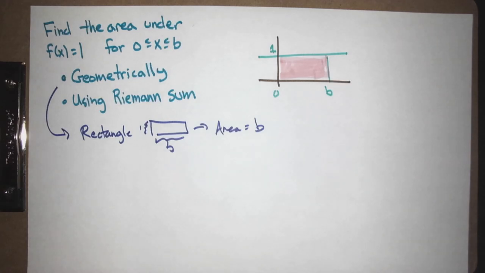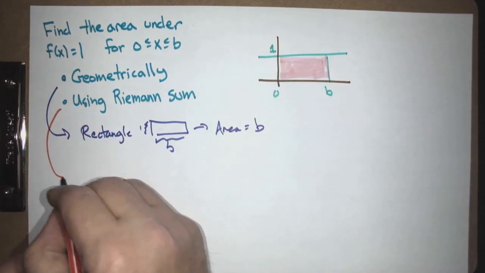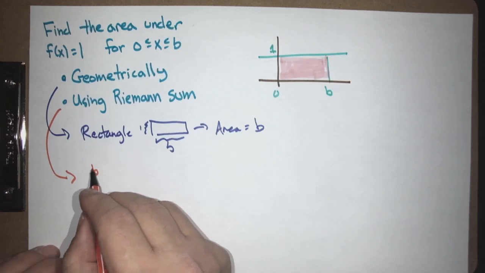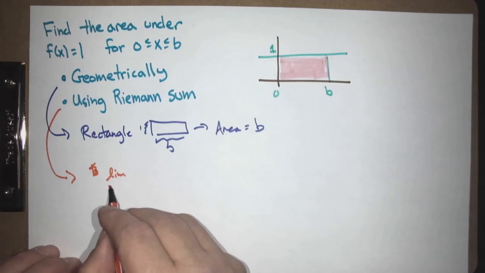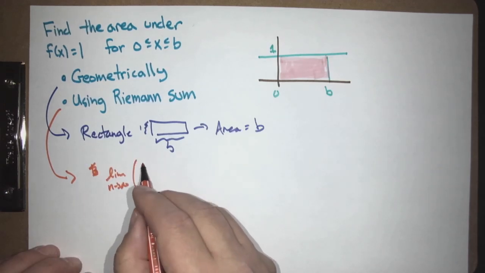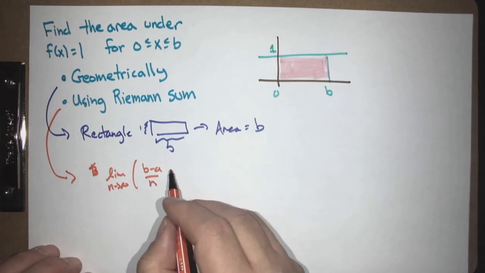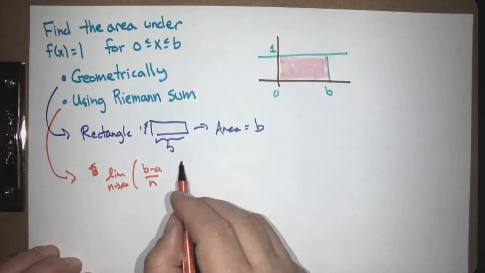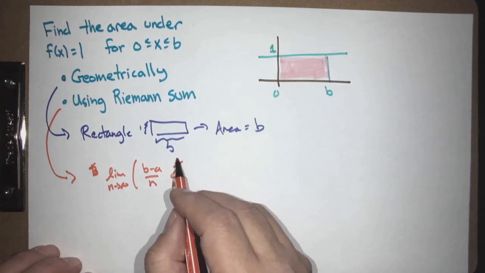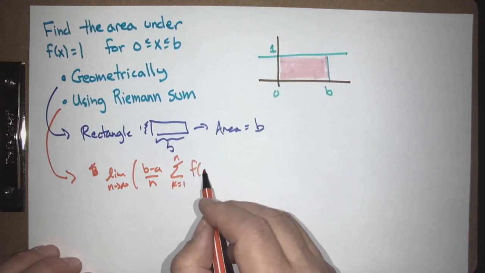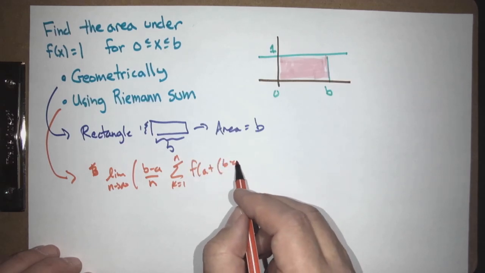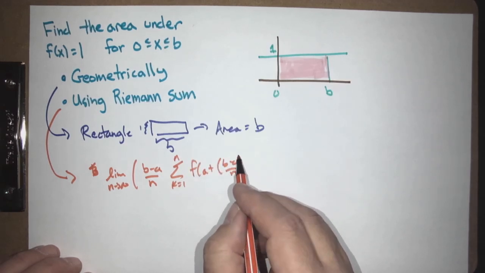Okay, using a Riemann sum. So, I'm going to write down the generic formula. We have limit n goes to infinity, b minus a over n, and sum k equals 1 to n of f of a plus b minus a over n times k.